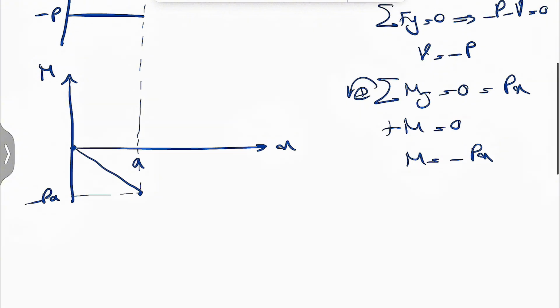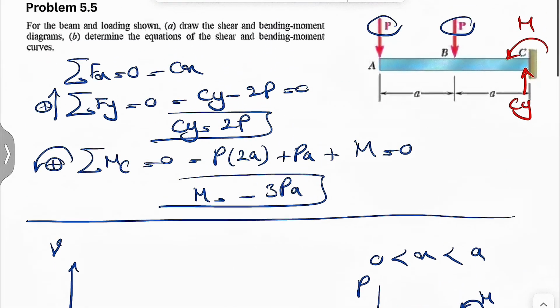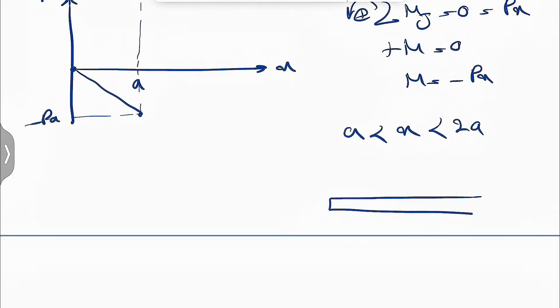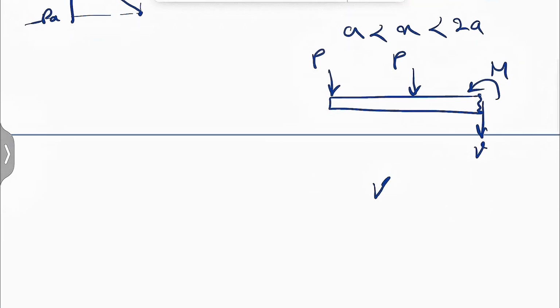So we have a linear curve for bending moment starting from 0, and we're going to get to negative Pa at this point. So that's the first half, and now we're going to move x from a to 2a, and our beam is going to have two P's, so one here, same thing, the shear force and the bending moment. This time our V would be, so let's do sum of all forces in y equals 0, which is going to be negative V, negative 2P equals 0.